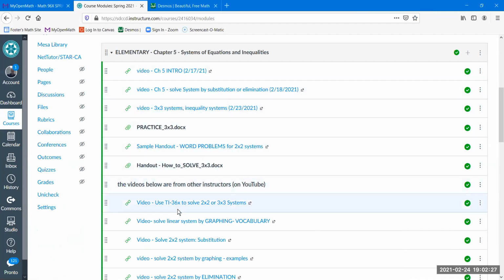Down here, I've made a video of what I just showed you: how to use your TI-36X to solve either a 2x2 or 3x3 system. If you go to YouTube, let's say you've got a Casio, you can search YouTube and come up with how to solve a system of equations on my Casio or whatever calculator you have.